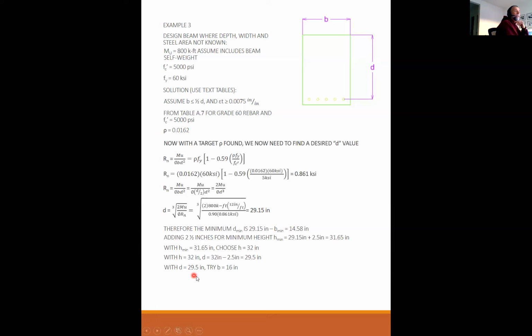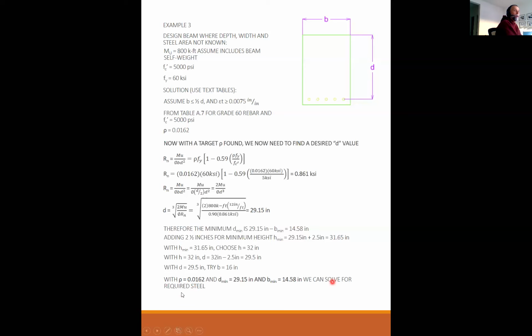And with d at 29.5, I'm going to try a b equal to 16. It's not less than or equal to half of d, I understand, but it's a nice round number. So remember, these are targets, and we are kind of converging on a solution. With d at 29.5, b at 16, and rho at 0.0162, I can solve for my required steel.